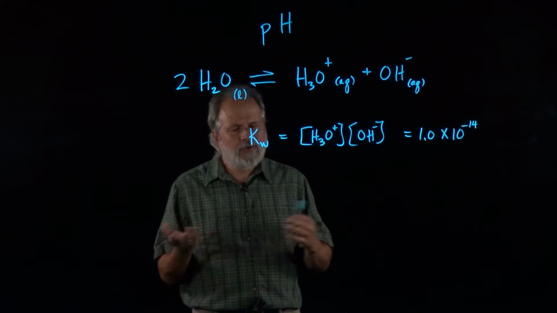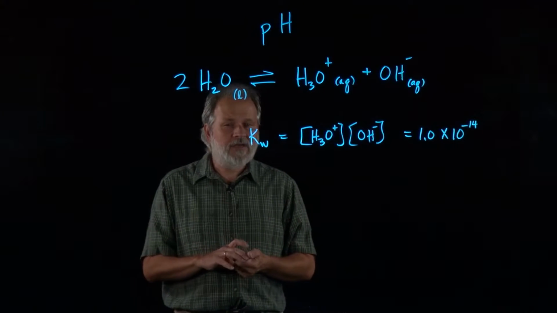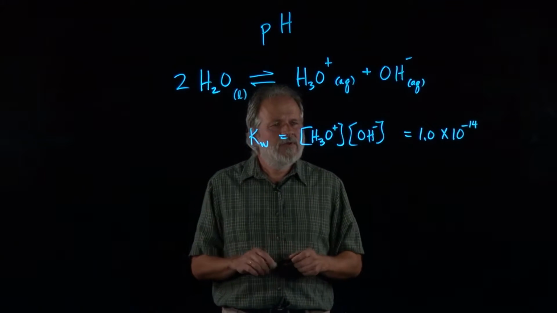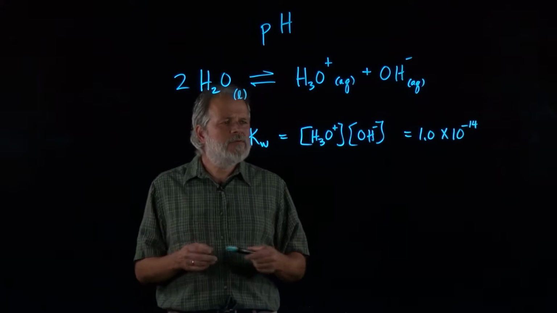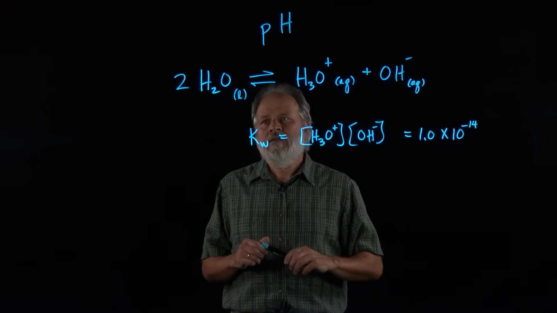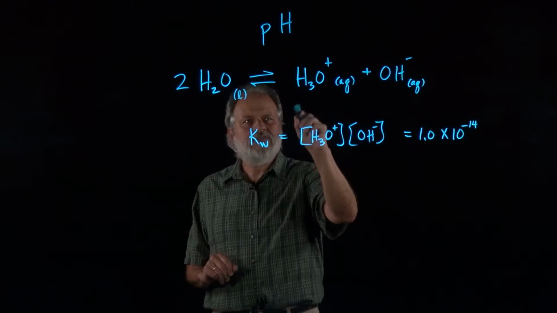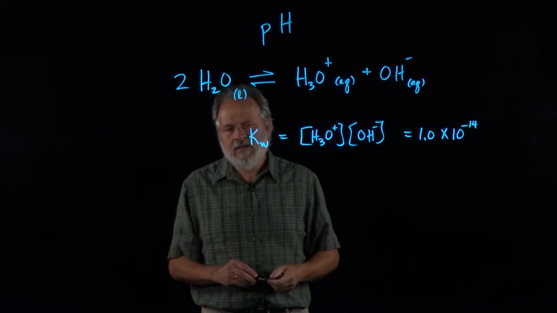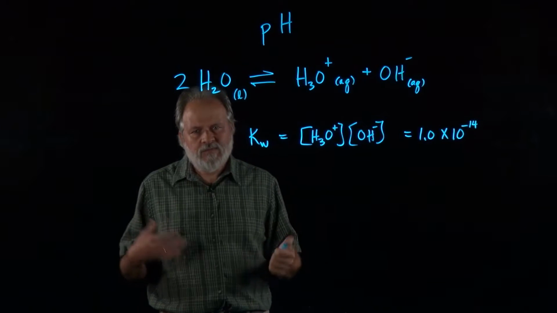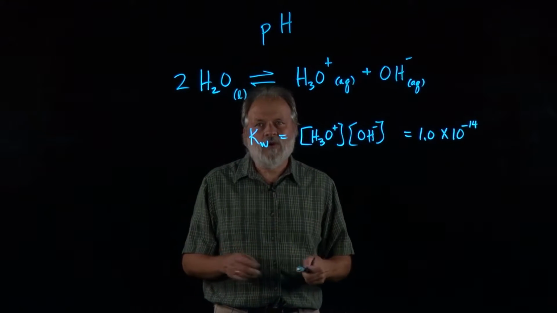Okay, and so I'm going to explain why I want you to know that number. So, for example, in neutral water, it turns out if you do an ICE table, then the amount of H3O plus and hydroxide are the same because they're coming from the same two waters, and it's a one-to-one relationship.